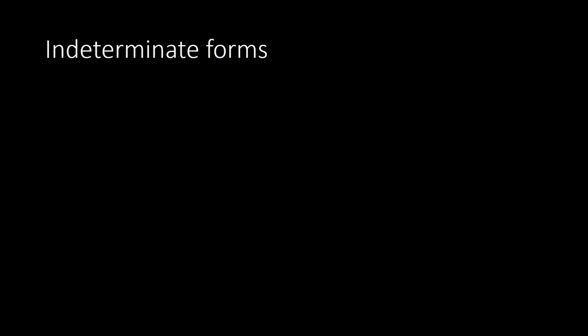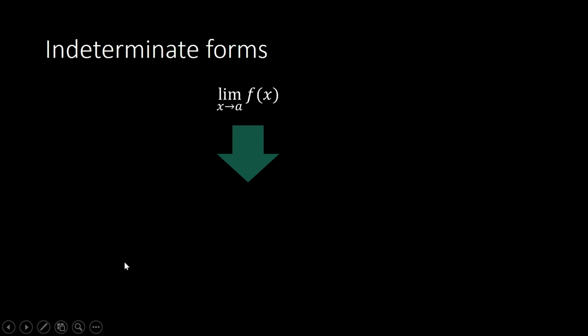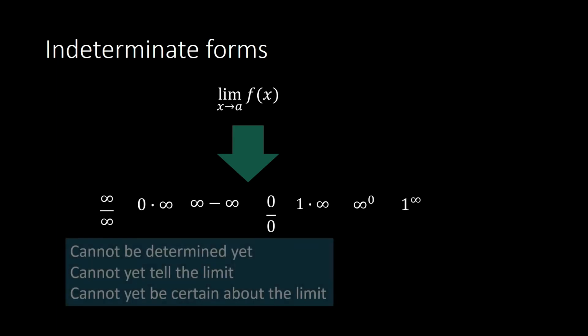Let us revisit our understanding of indeterminate forms. So when we are evaluating the limit of a function as x approaches a, or as x approaches infinity, or as x approaches negative infinity, when the initial result gives any of these forms, then what we have here is an indeterminate form.